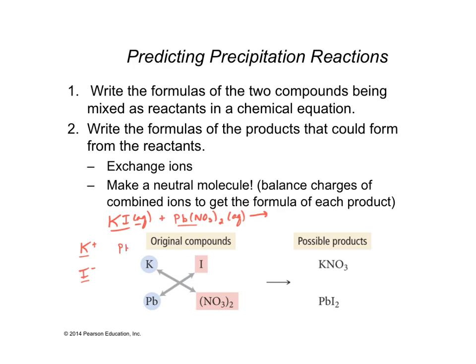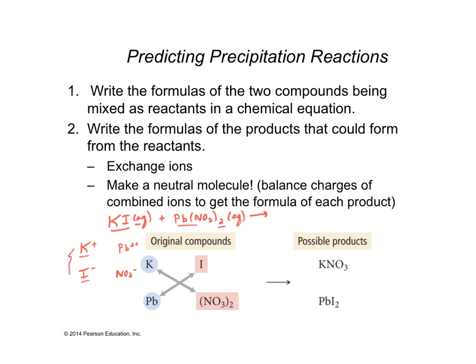So I'll write this as Pb 2 plus, because again we have a 2 plus charge, and then NO3 1 minus. Okay, so even though there's a 2 here, I'm only going to denote this as just the single ion species when it dissociates. So I write these as their various component ions.